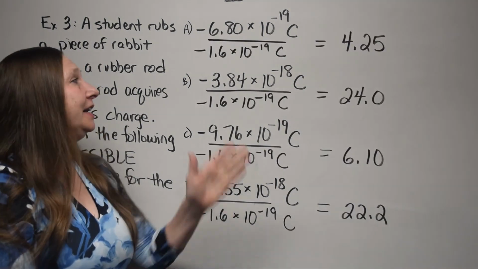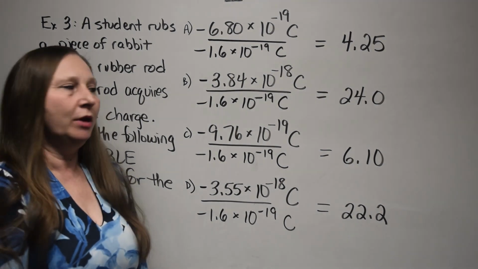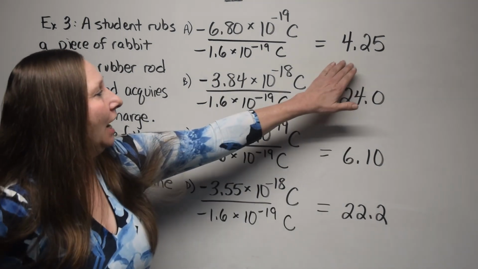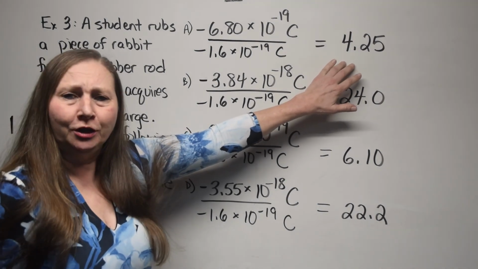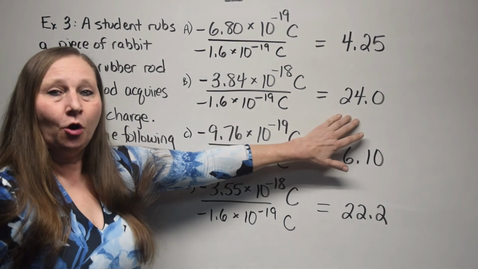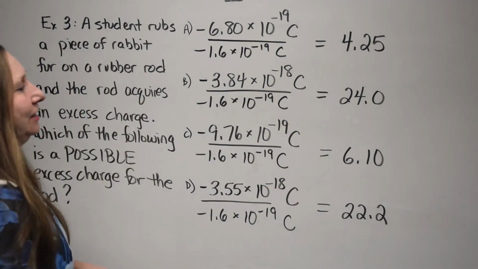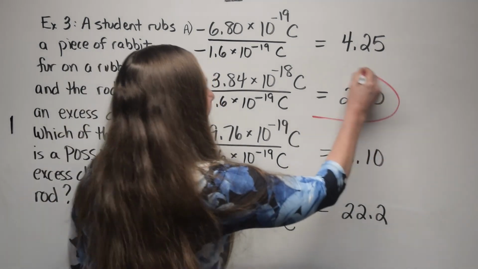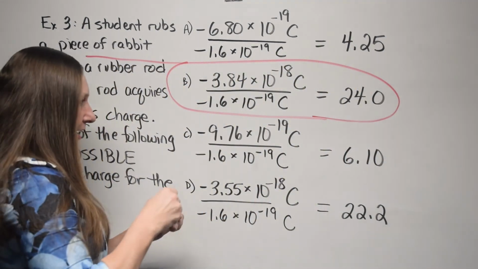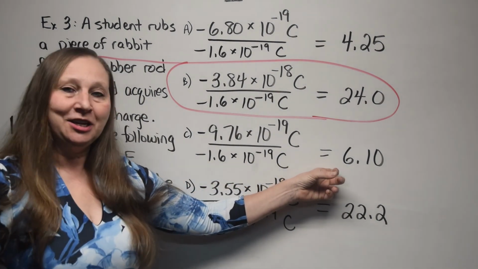So you divided each of the possible excess charges by 1.6 times 10 to the negative 19. And what we got was 4¼ electrons, not possible. 24 electrons, possible. So let's pick that as probably the correct answer. Here we have 6.1 excess electrons.